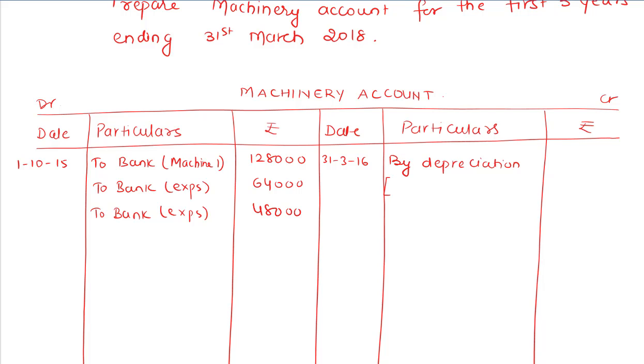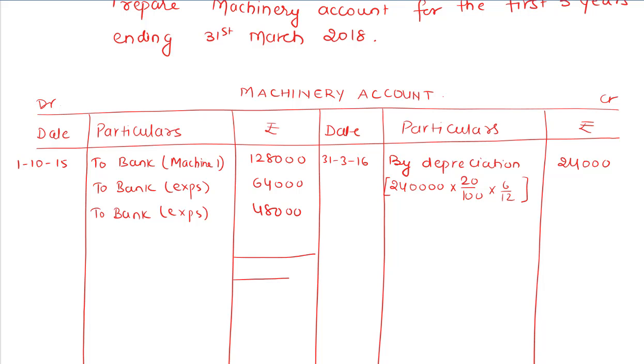So how will we calculate the depreciation? 2,40,000 multiplied by 20% multiplied by 6 by 12, from 1st October 2015 to 31st March 2016, that is 6 months. So this is 24,000.